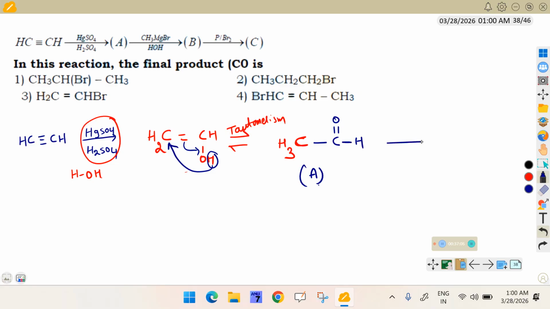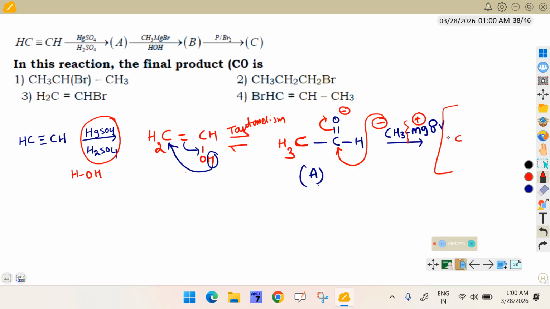Now it reacts with Grignard reagent CH3MgBr. CH3MgBr breaks the bond. Alkyl group gets negative charge. MgBr gets positive charge. So the negatively charged alkyl group moves towards the carbon side because it is a nucleophile. Nucleophilic addition takes place. Immediately the pi bond is delocalized, so oxygen gets negative charge. Then it gives an adduct.